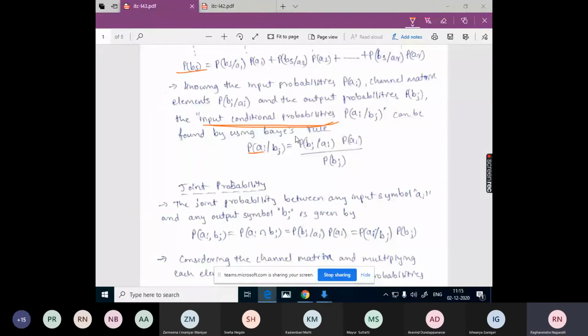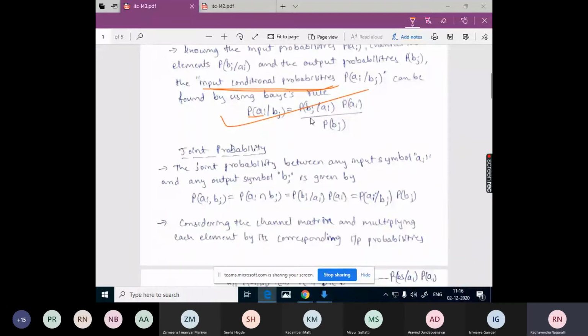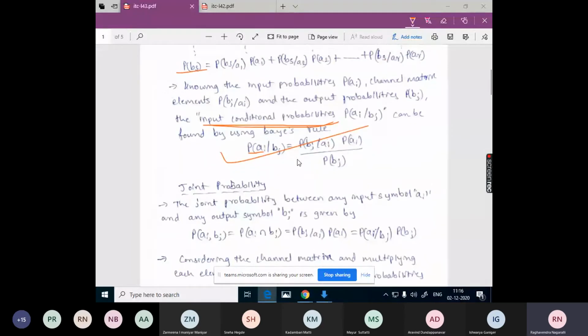The receiver has received some symbol, so what is the probability that I may have sent the symbol A1? That is the input conditional probability, and this is the equation using the Bayes rule, which we can use.